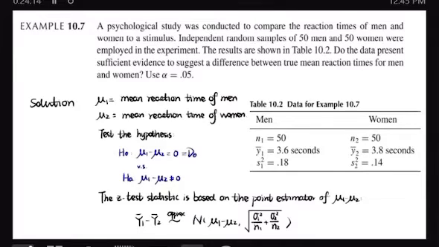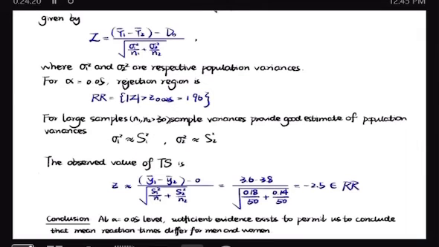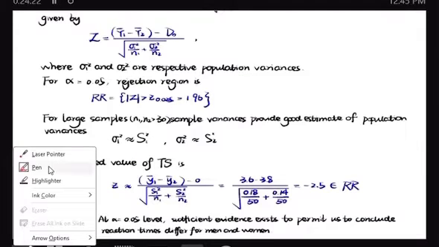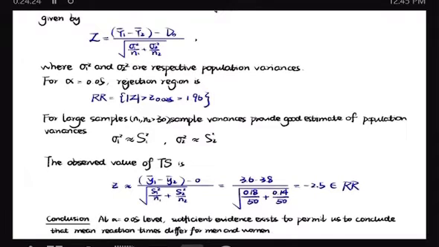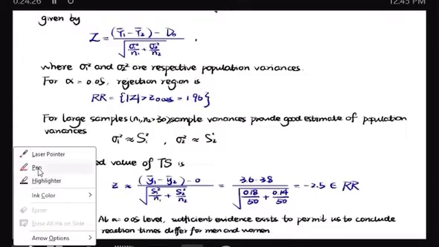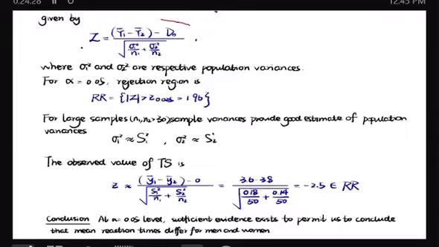We want to conduct hypothesis testing involving two populations. Let me first show you the formula, the test statistic. This is the test statistic when the two population standard deviations are known and I'm dealing with two populations.